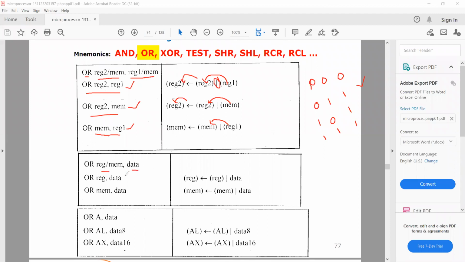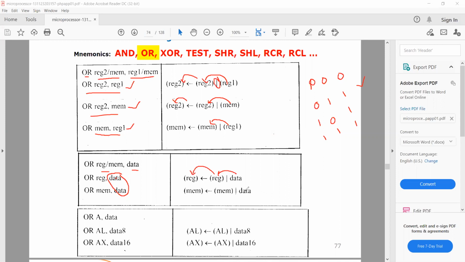This is called immediate addressing mode because we are directly specifying the data in the instruction. Here, the data specified directly in the instruction will be ORed with the register data, and the result will be stored in the register itself.